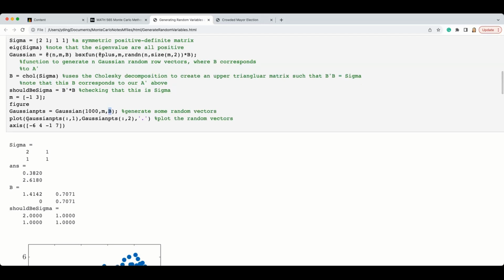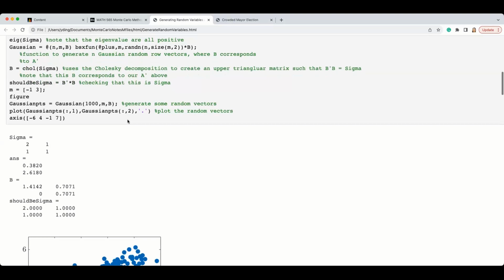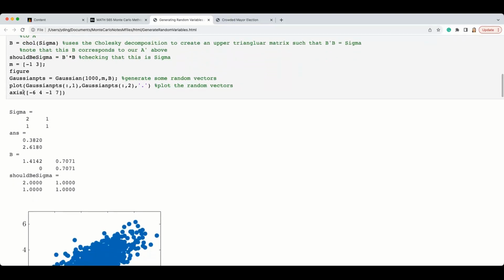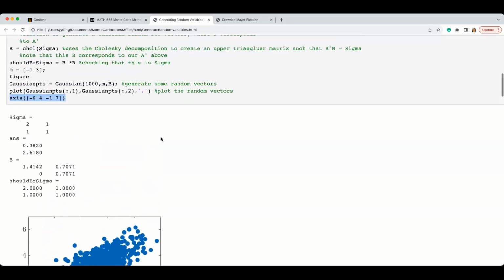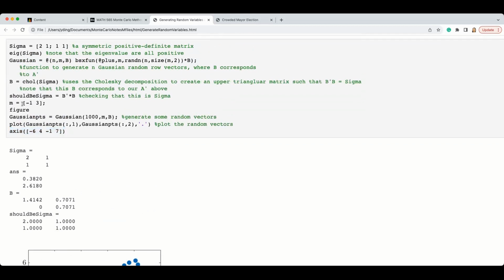And then we're trying to plot these points. X is the first column, and Y is the second column, so we combine them together. If we check here, this should follow the normal distribution with mean -1 and 3.